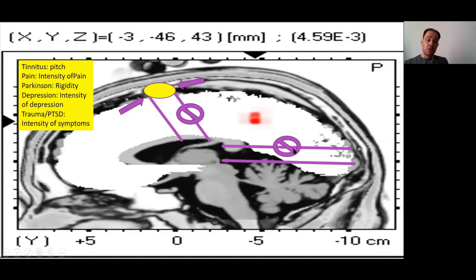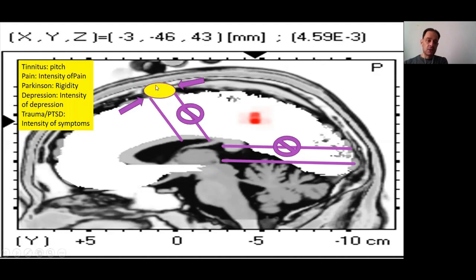Now, thalamocortical dysrhythmia occurs when there's a lesion. The thalamus has two inputs and two outputs. When you lesion one of the inputs, you're going to lesion automatically one of the outputs, and your brain has to compensate.